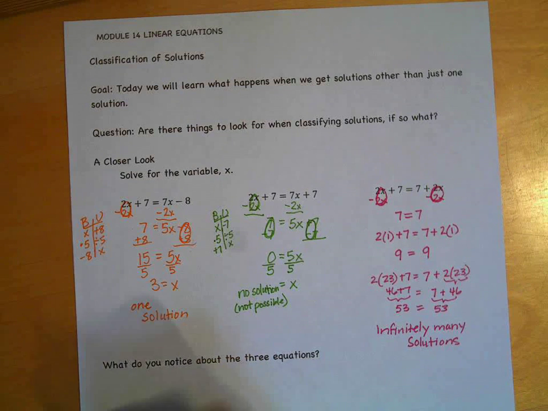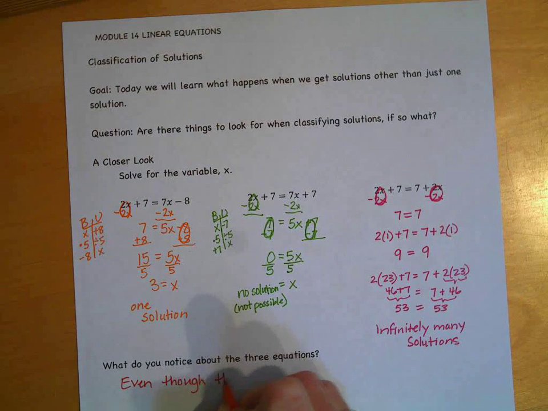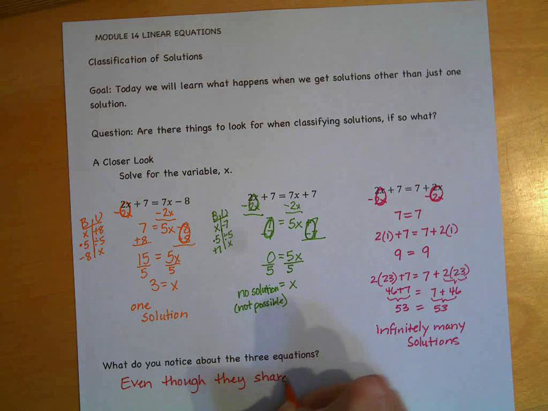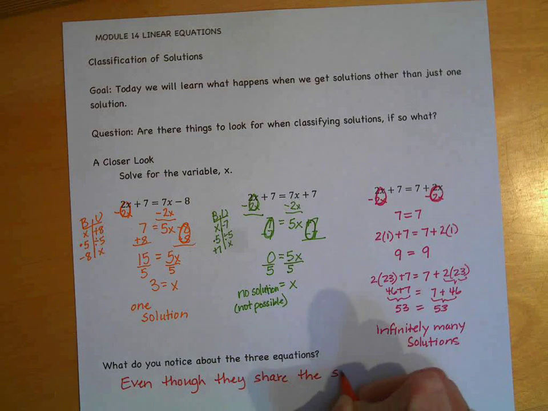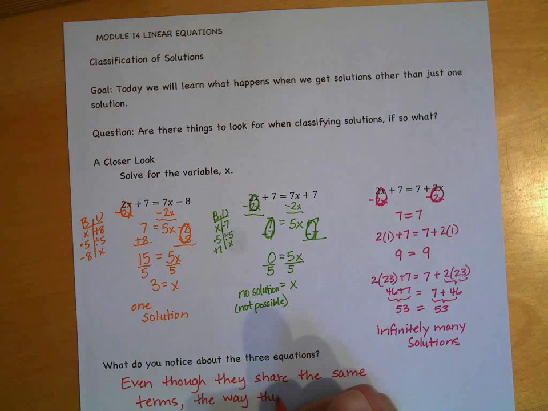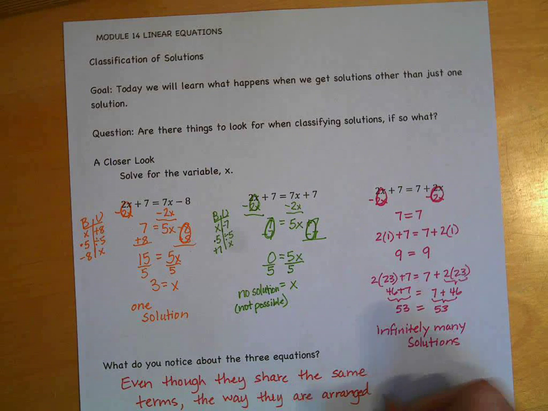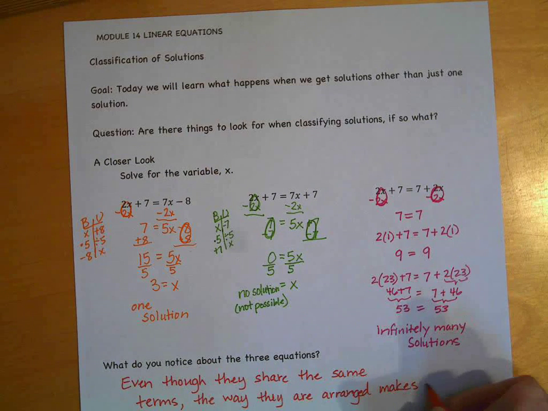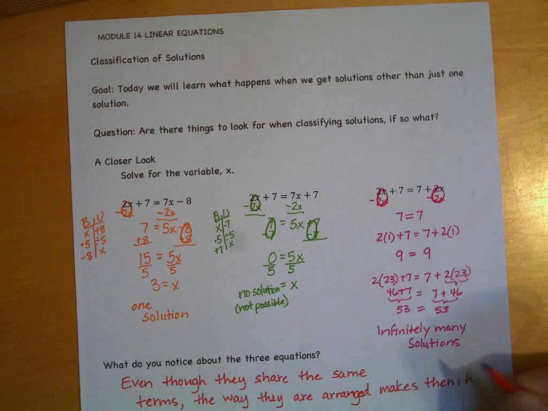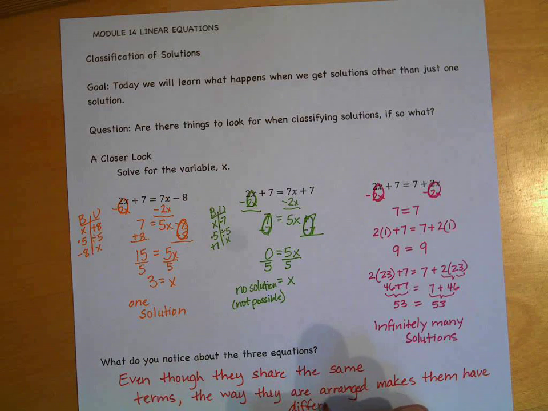The thing that I notice about the 3 equations is that even though they share the same terms, the way they are arranged makes them have different solutions, which is true.